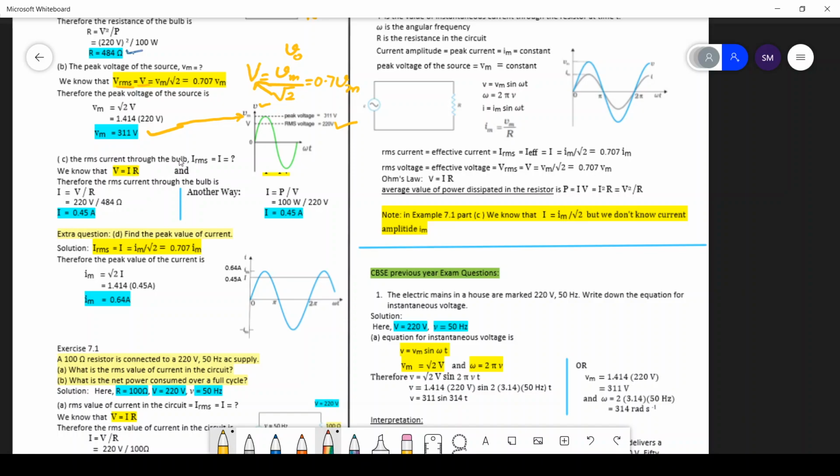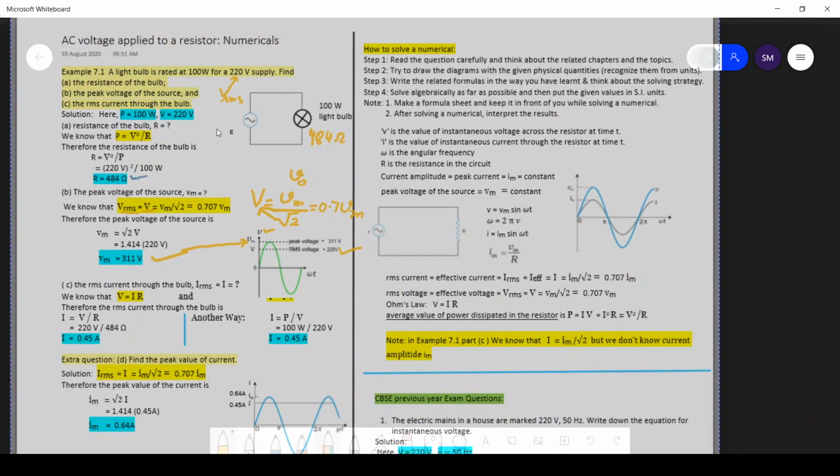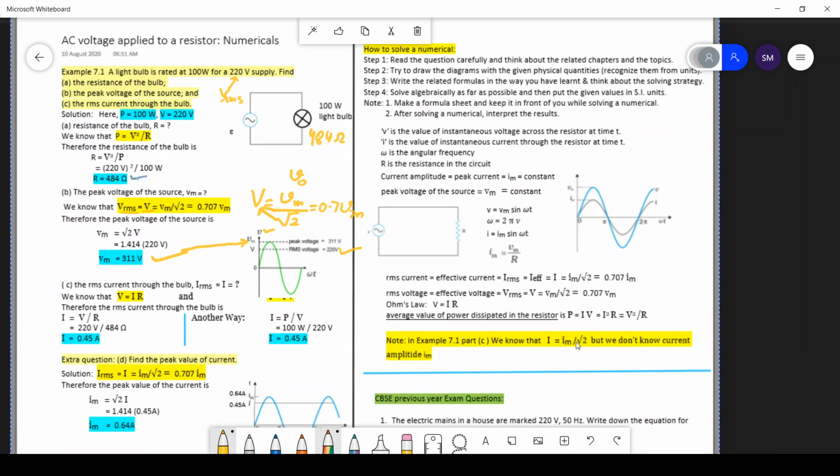See, we haven't used the formula here, this formula IRMS or I effective current, or I is equals to Im by root 2. We have used it for the maximum voltage, but we are not using it to find the RMS current. Why? Because we don't know the value of Im. We don't know the value of peak current. So value of peak current is not given to us in this question. So that is why we can't use this formula.